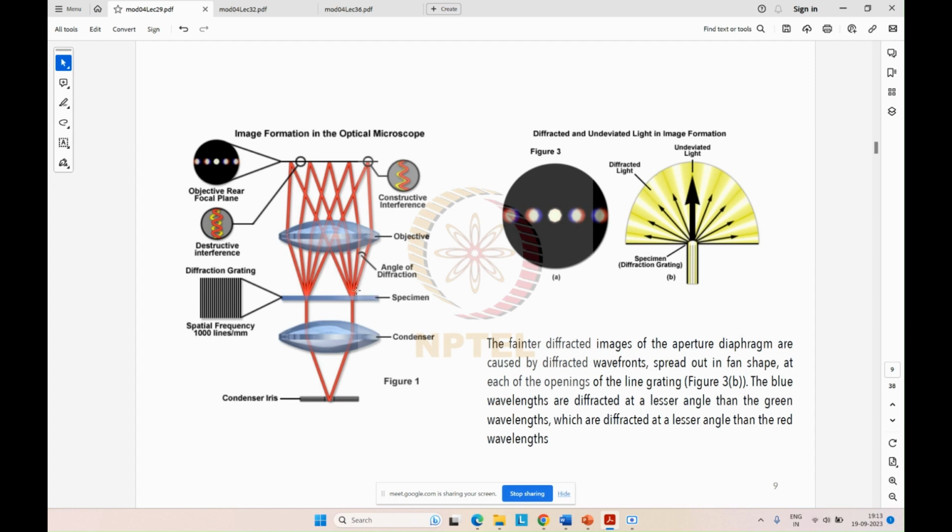When you are trying to image your sample, your light would encounter different sorts of interfaces, like an interface between the air and the specimen, and between the objective and air, and all of these would culminate to give you something called interference.